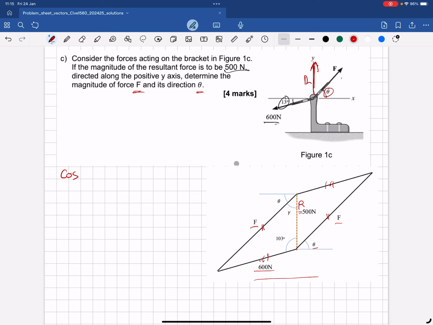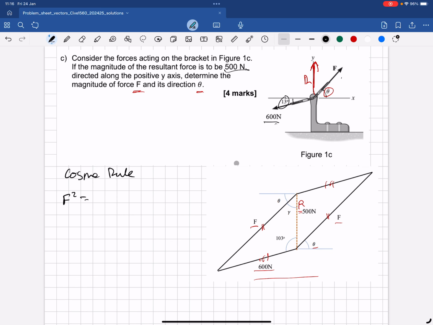Let me do the writing in black. So we have F squared is equal to, well, we'll do 500 and 600: 500 squared plus 600 squared minus 2 times 500 times 600 times cos 103, which we've got from the geometry, 103.